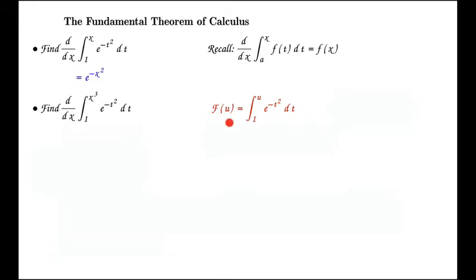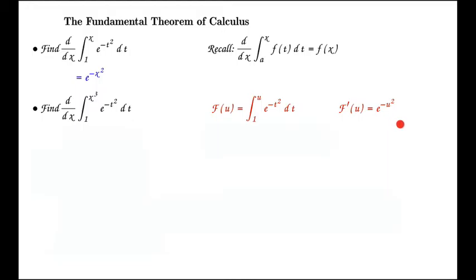So we're going to make u equal to x cubed. So my function big F of u is equal to the integral from 1 to u of e to the minus t squared dt. We can take the derivative of this using the fundamental theorem of calculus. So F prime at u is e to the minus u squared.